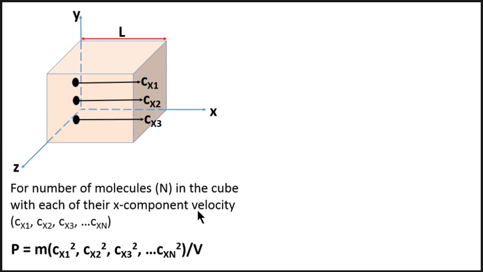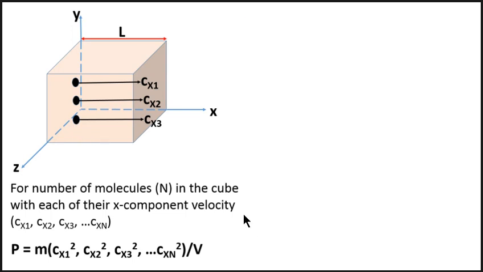To find the average of that, average is simply adding the square of each of the velocities and dividing by the number of molecules.